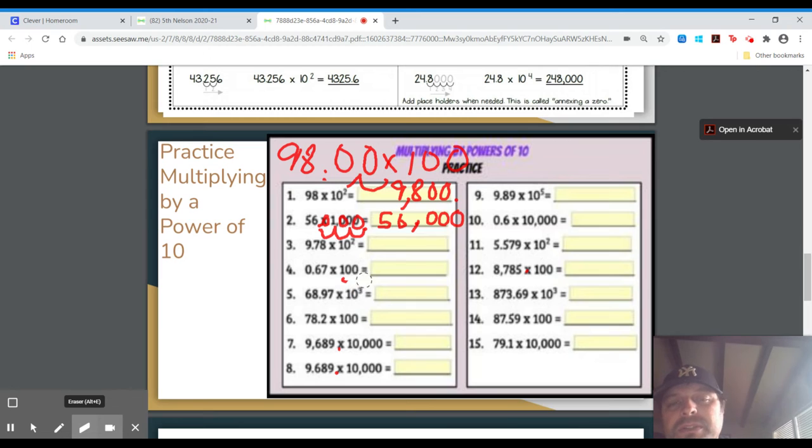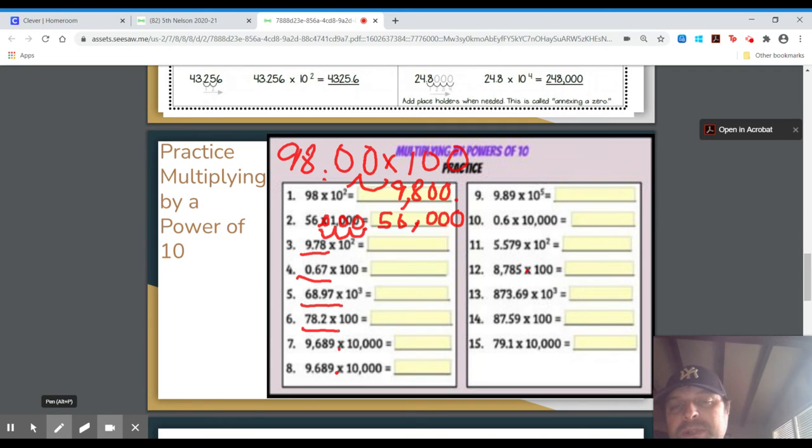Okay, so ready? Most of these problems have a decimal. Number 3, 9.78. There's the decimal right there, between the 9 and the 7, right? Okay. There's one right here, 0.67, the decimal point before the 6. This one, it's between the 8 and the 9.